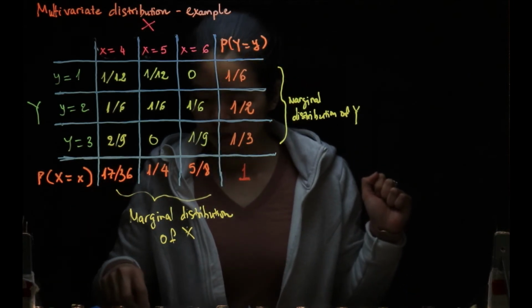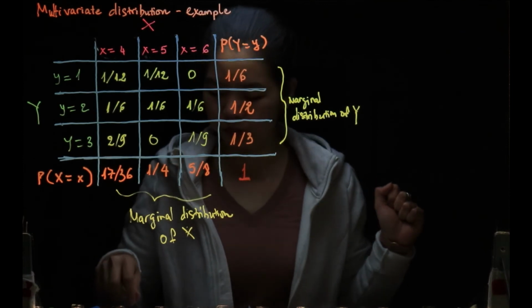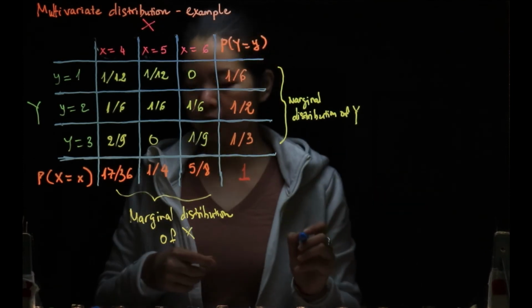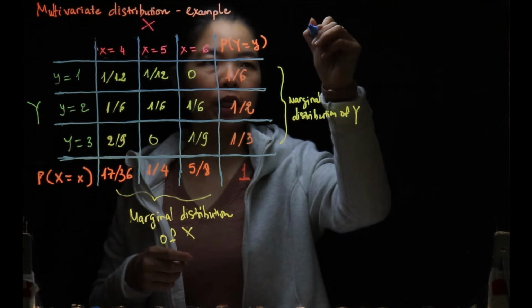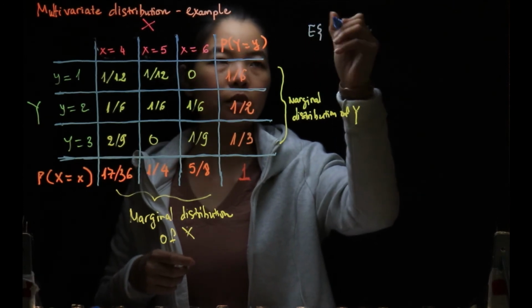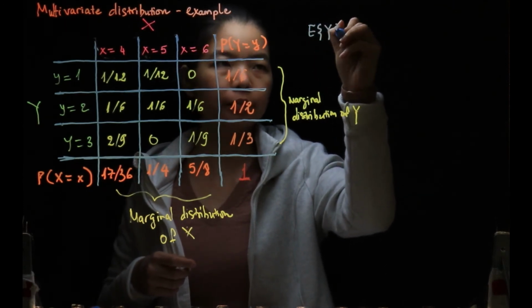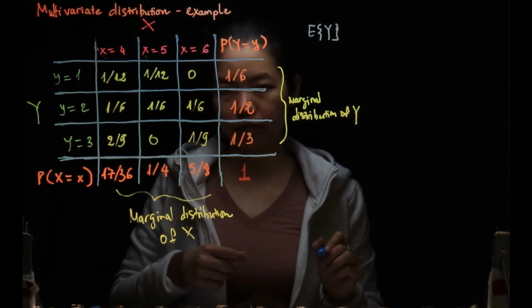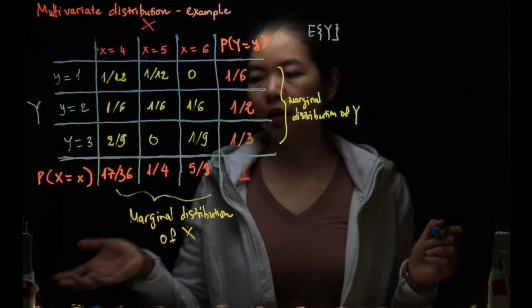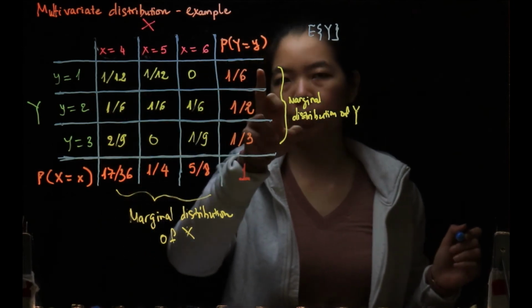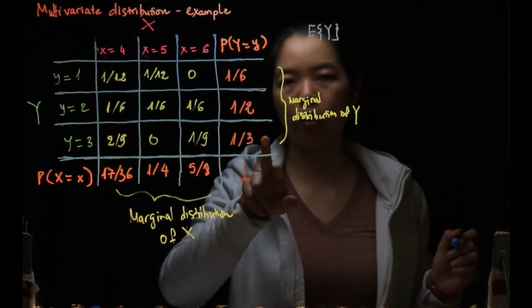Now, what else can we do? The next thing we can do is to calculate the expectation or the expected value of y. How do we do that? Just like before, you have the probability of each outcome.